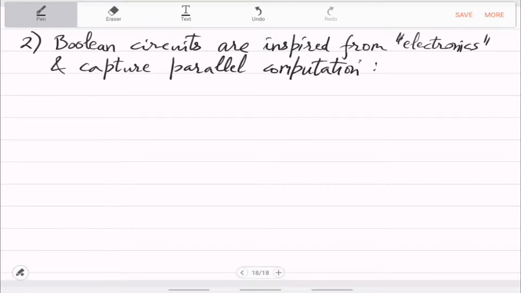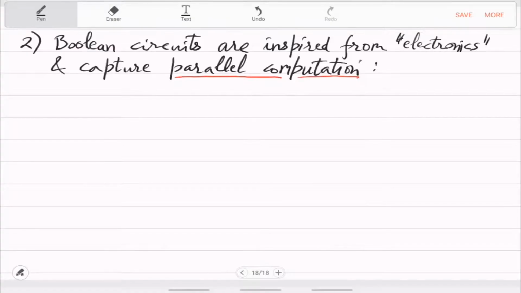Why parallel? Well, we are using the keyword parallel because these AND, OR, NOT gates can run in parallel. If you look at it as an electronic circuit, you have an AND here and an OR there, so once their inputs are available, they can simultaneously compute. So in 1 second, a lot of gates can simultaneously compute things. This can be very fast, so this is actually the parallel computation model.